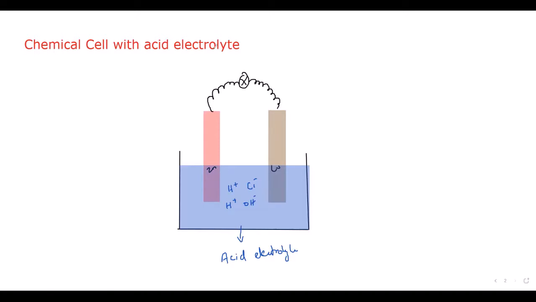So how does it work, what is the working? Which is more reactive here, zinc or copper? The more reactive metal will lose electrons. One electrode is made of zinc, another is copper.